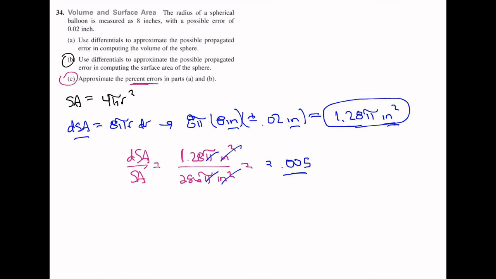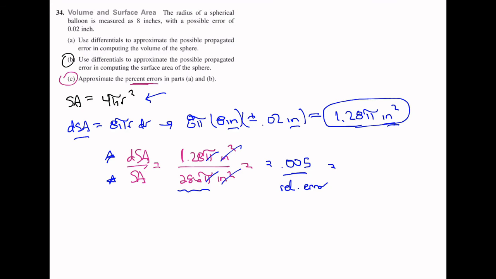Okay, so hopefully you found your 256 pi by putting your 8 inches into this formula. Then we are getting the proportion of the amount of error over what the surface area should be. You get 0.005. This is called your relative error.